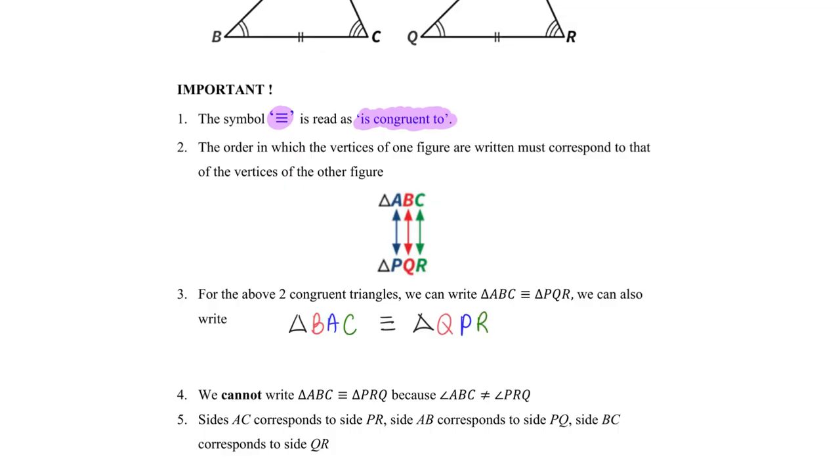This works as well. And of course, by extension, if I were to start off with CBA, then I will have to write the corresponding congruent triangle as RQP.